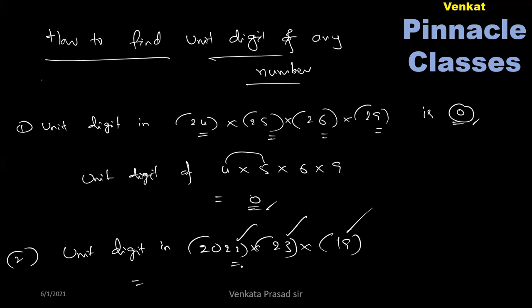How much? 2 into 3 into 9. 2 threes are 6, 6 nines are 54. So the unit digit is 4. Remaining numbers are not required because we are talking about unit digits only.